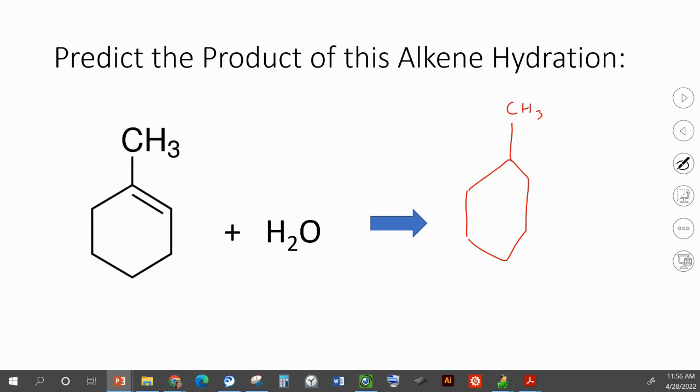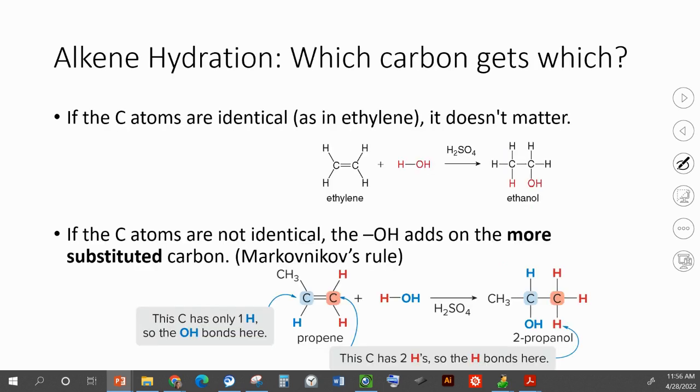So where does the OH go? Could it go in that middle one? Right below the CH3. Yep, good, because this is more substituted. So OH would go here, and we would get another hydrogen. So there was already hydrogen. We have now 2 hydrogens there. Good. Okay, let's try this one.